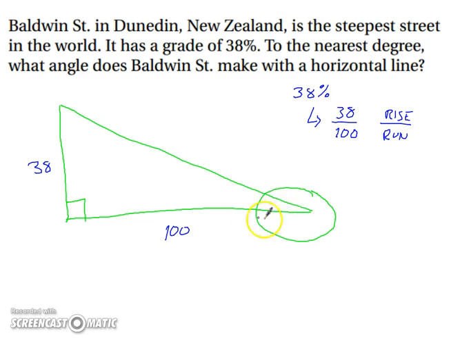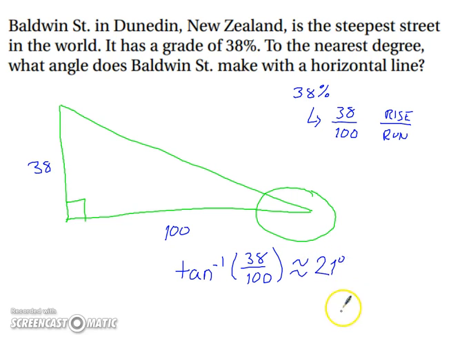Now, since you're trying to find this angle on the right-hand side here, and you're given your opposite and adjacent, you're going to use the tan inverse, since you're trying to find an angle measure. So you have the tan inverse of 38 over 100, which is about 21 degrees. Well, that ends our lesson on solving right triangles.